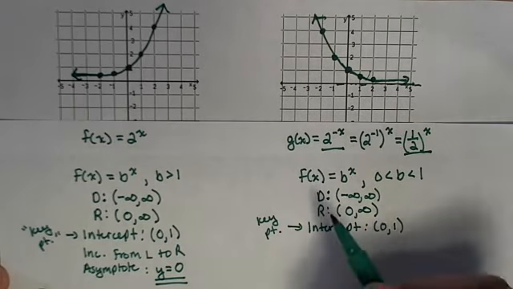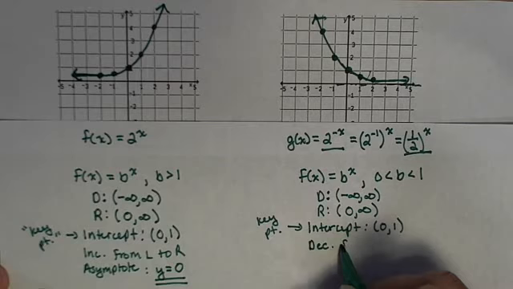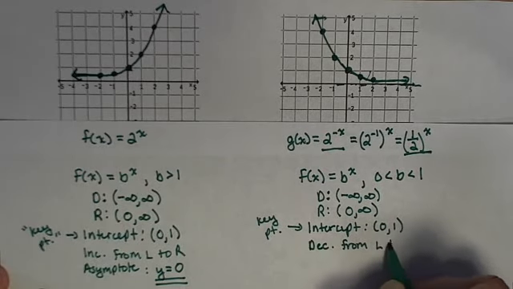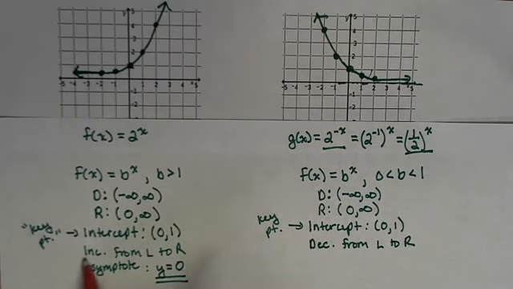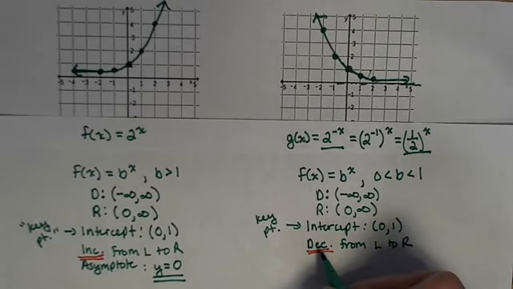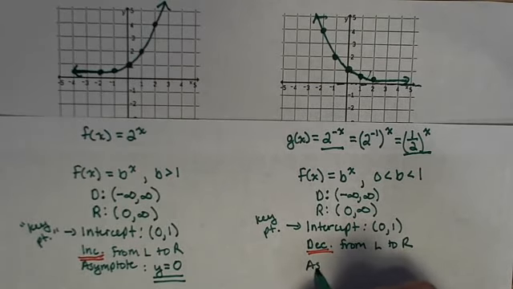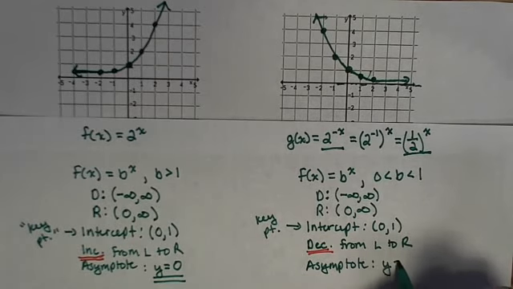It gets smaller from left to right. So that is the one main thing that is different from the previous graph: the first one is increasing, the second one is decreasing. It still has an asymptote, and that asymptote is still going to be y equals 0.